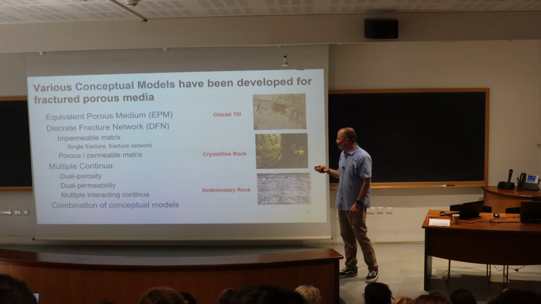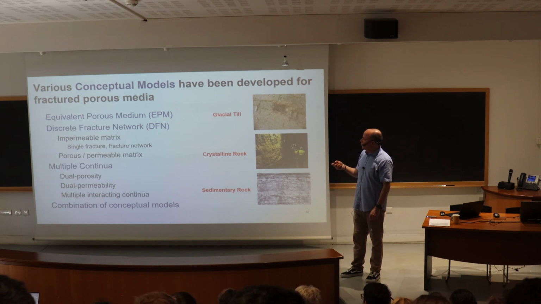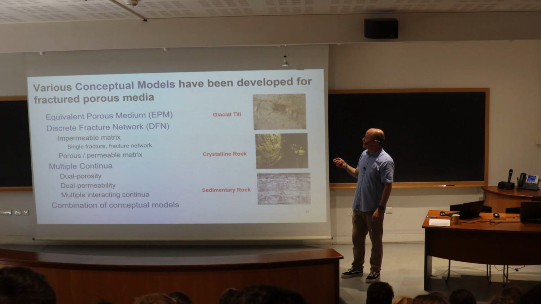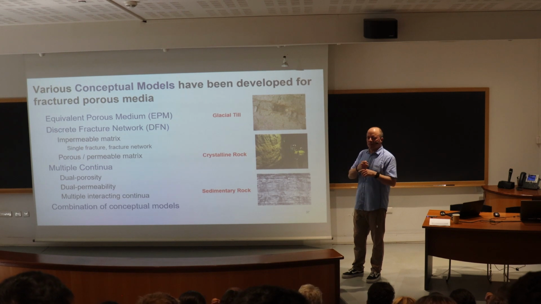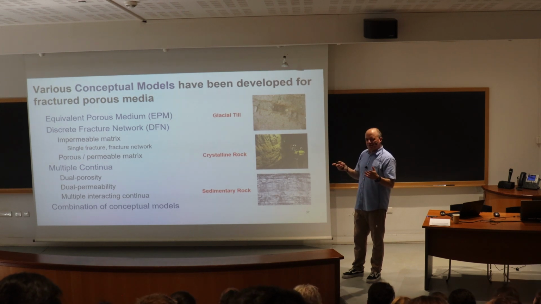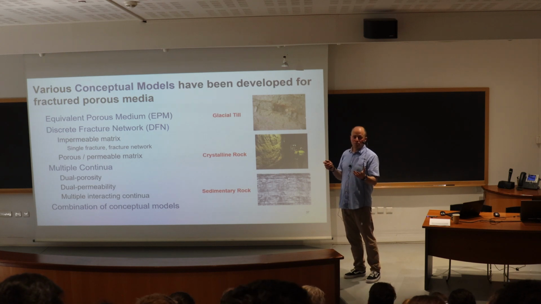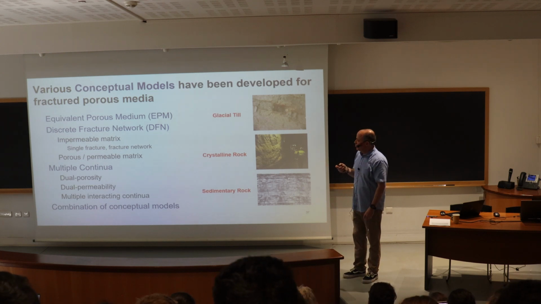But we can go from treating the fractured porous media. I add the term porous because you can consider fractured media where it's only fractures, and everything else is impermeable. But you can consider that the matrix between the fractures is permeable, porous, in the more general case.